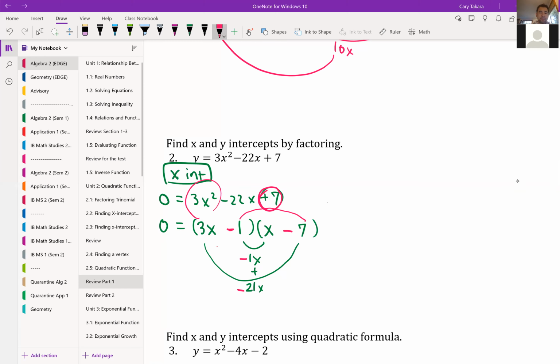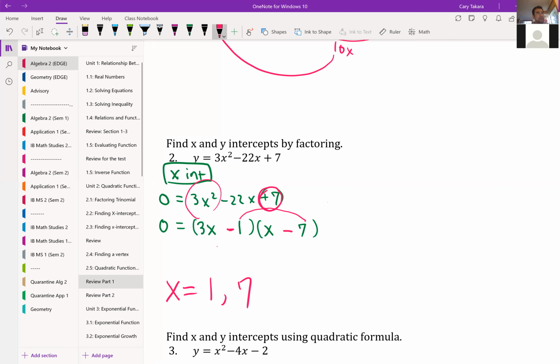Okay? So now, we're not quite done yet. Now, what's the solution? Yes. Okay, so I've had a couple of you guys sharing. Did anybody answer that the x-intercept is 1 and 7?